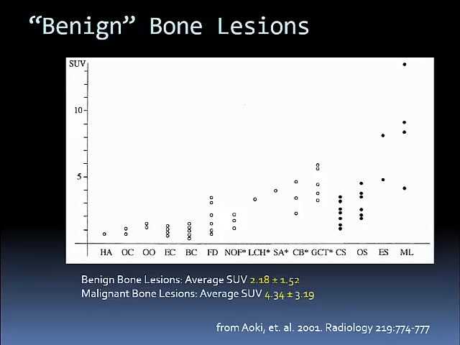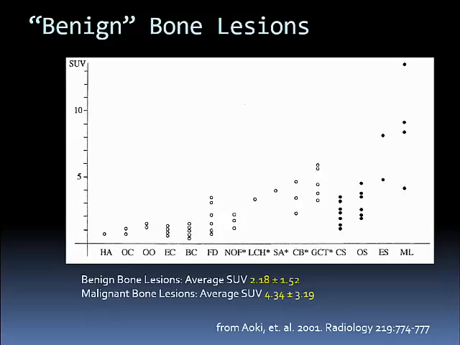There are some classically benign bone lesions, such as Langerhans cell histiocytosis, which show a fair degree of metabolism on PET scanning. Sarcoidosis of bone, chondroblastoma, and giant cell tumor are all lesions which are very metabolically active on PET scanning. Contrasting that with some malignancies like chondrosarcoma, which can have fairly low activity.